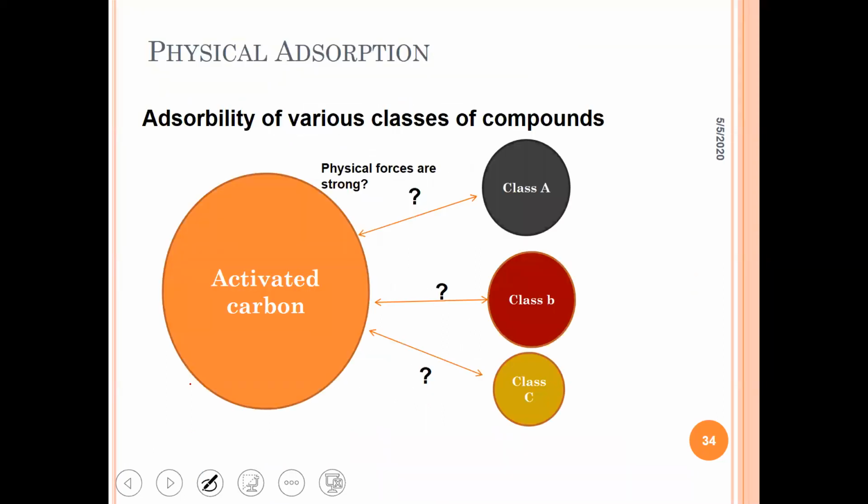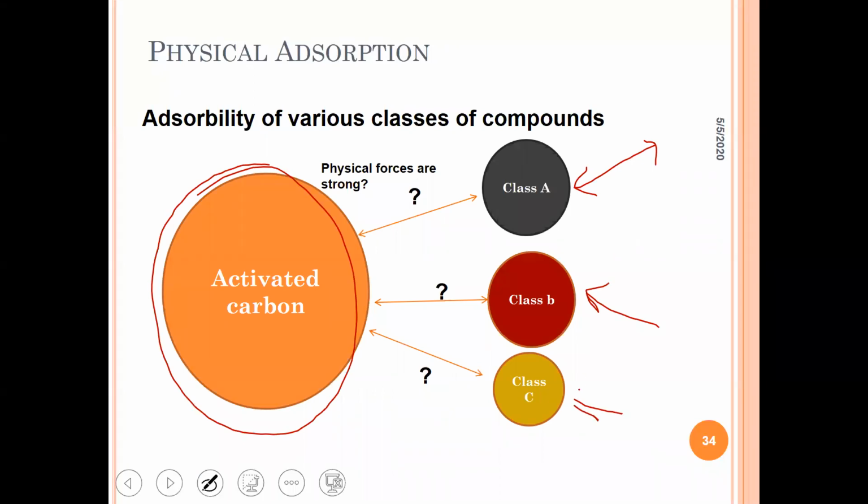So if we have activated carbon and we have different classes of chemicals, class A, class B, class C, some are polar, some are non-polar, and then some physical forces are responsible. Which physical forces will be responsible for what class of chemical? How do we know this?